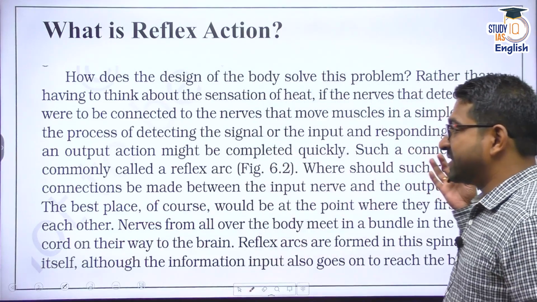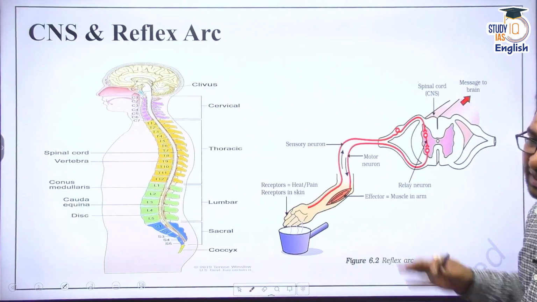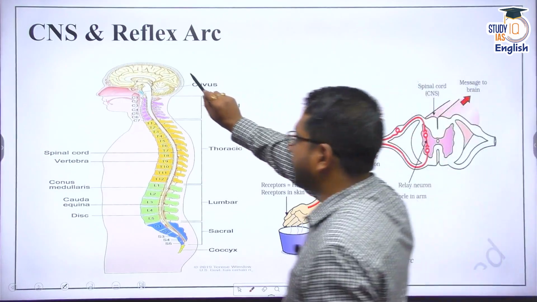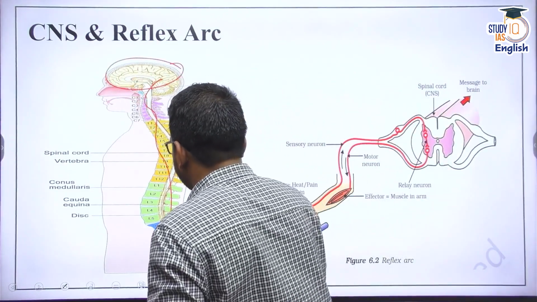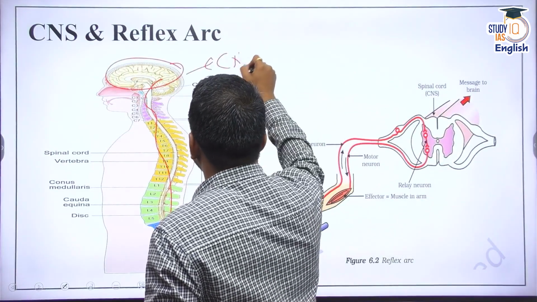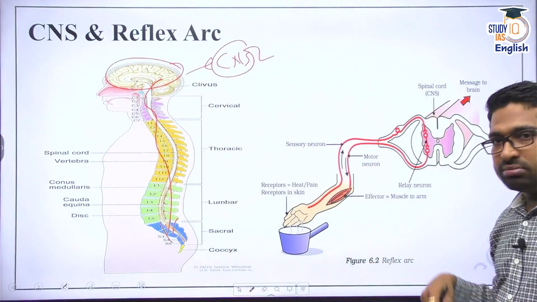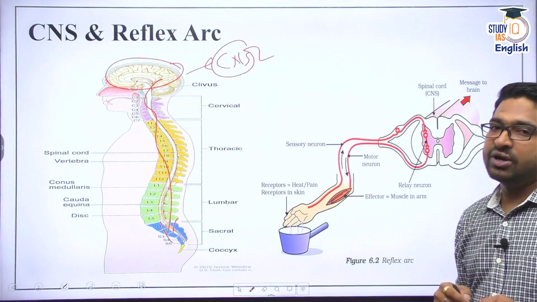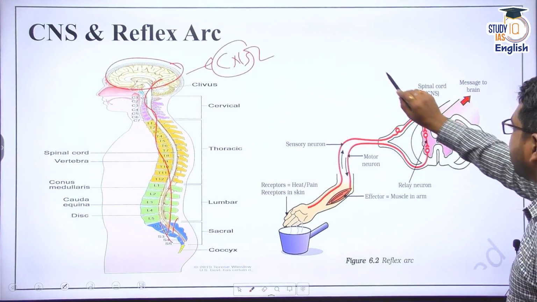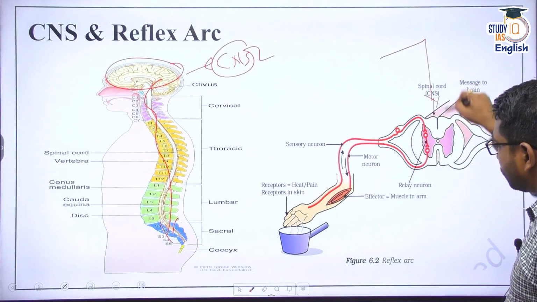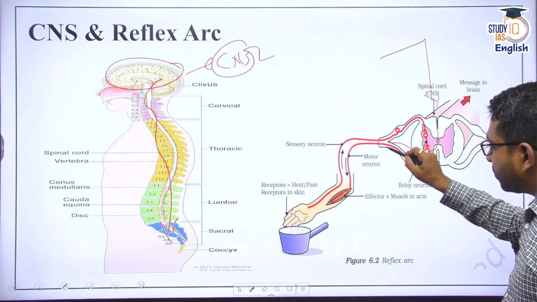Why does it happen? It's because of this reflex arc. Let's try to understand this, right? As I told you, we have our brain and we have a spinal cord, which are a part of the central nervous system, and this forms a part of the arc itself, the reflex arc. That means I get a message sent from the brain through the spinal cord, and this motor neuron is activated.